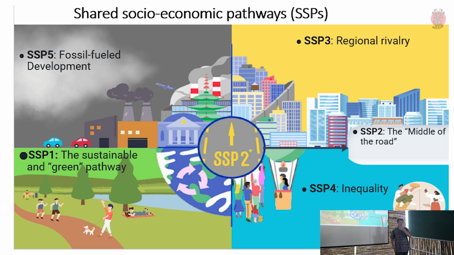We become more equitable. We have less distinction between rich and poor. We also all become friends. We stop trying to kill each other and have wars. Okay? So this is a pathway where everything becomes good, and it's driven largely by green development. Okay.